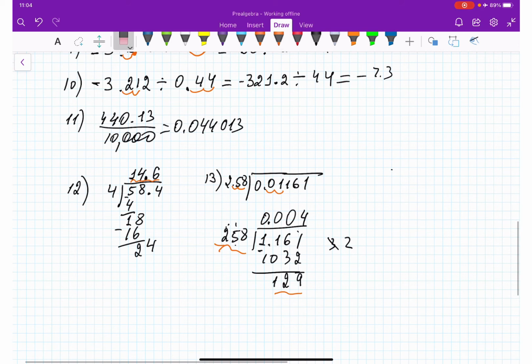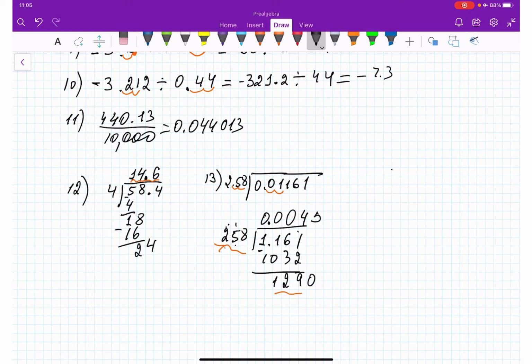Next, I'm going to add some 0 here with no problem, because I already have here the point, right? So 1290. Since the last number is 0, which number do I have to multiply by 8 to get a number with 0? The only choice we have is 5. And 5 times the first number 2 is 10, and we have 12. So looks like it's going to fit.